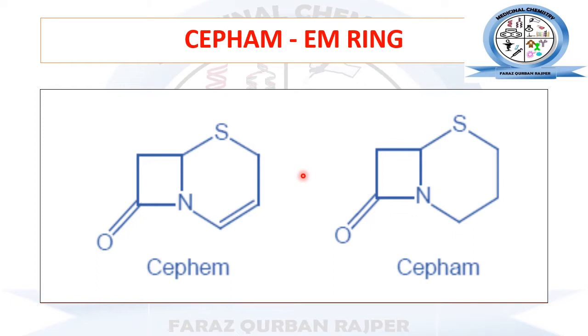In cephalosporin, we will have the substitution at this side. Numbering will start from here: 1, 2, 3, 4, 5, 6, and this will be numbered 7. In penicillin, this position of the beta-lactam ring has the number 6, because in penicillin we have a 5-membered ring, the thiazolidine ring, fused with the beta-lactam ring.